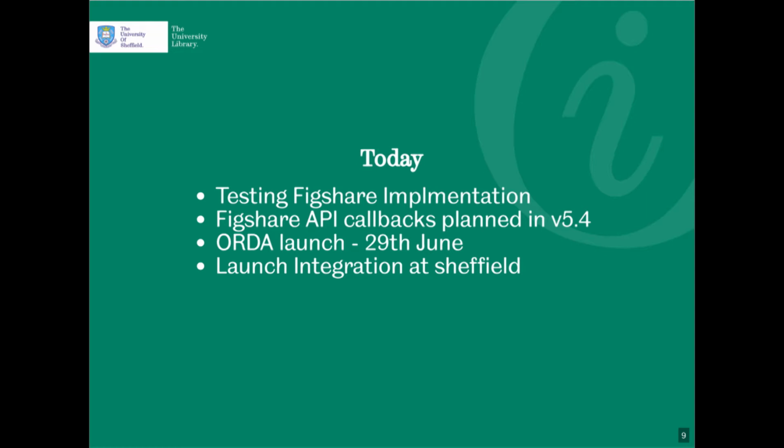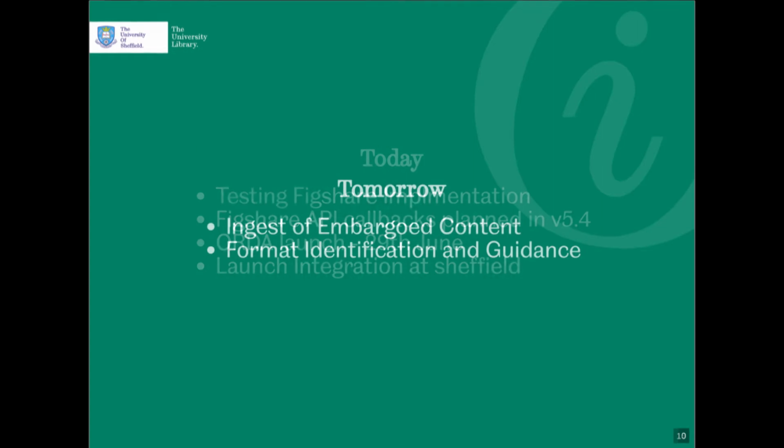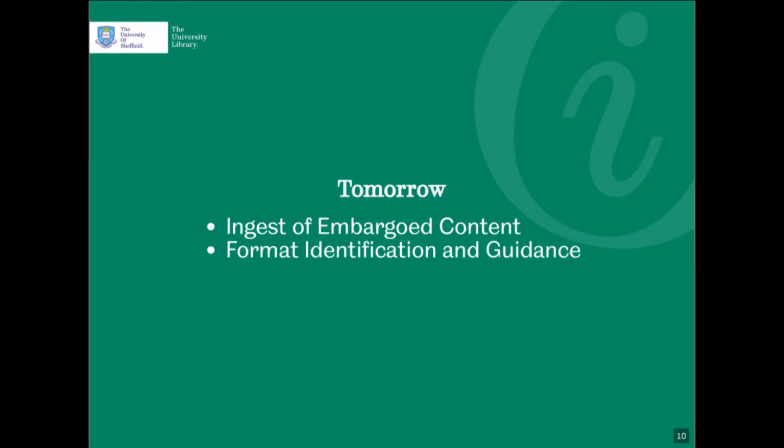There is the ORDA launch, which launches at the end of this month, sort of the official hey-ho. And shortly after that, we should be launching the integration between Rosetta and Figshare into the public domain, which will be grand. So where does that leave us tomorrow?